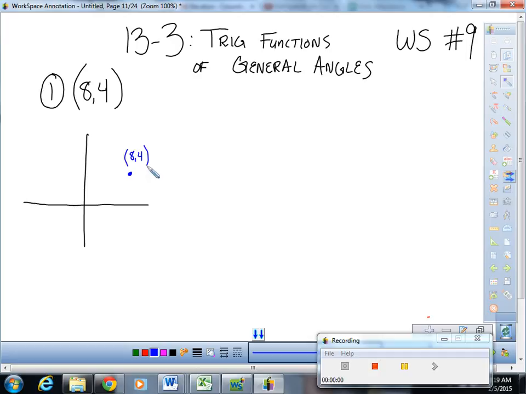Right 8, up 4. And then draw yourself a ray. Remember, a ray is a never-ending set of points that travels infinitely in one direction.